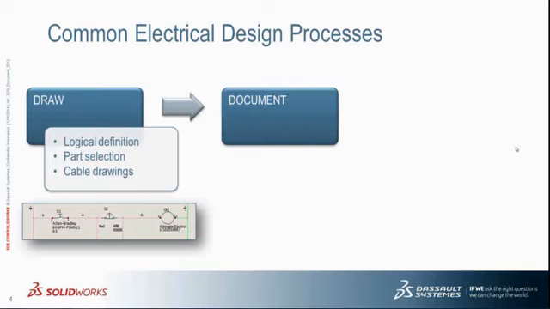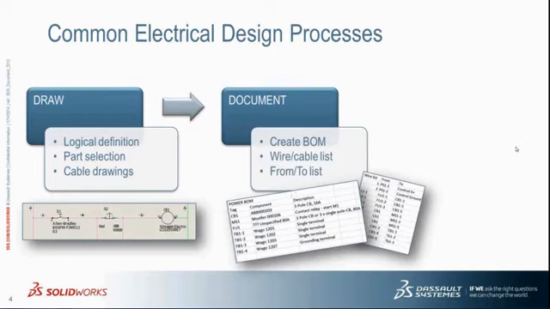project. Next, they move on to a documentation stage where they have to document their system in a way that's useful to different audiences. For example, a designer might scan through all of the drawings to construct a bill of materials or document each wire connection that they find in the schematics to make a comprehensive from-to wiring list. This task typically results in many manually created and manually managed spreadsheets by the time it's all done.